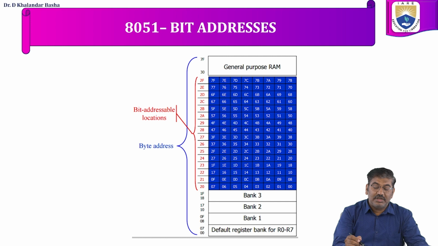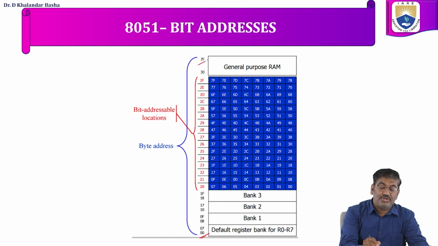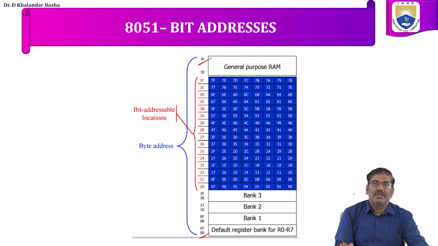This is the total general purpose RAM, which is having the starting address from 00 to 7FH. Out of this, all the memory locations are byte addressable. From 00 to 07 we have the R0 to R7 registers, a total of 8 registers. We can consider this as bank 0.